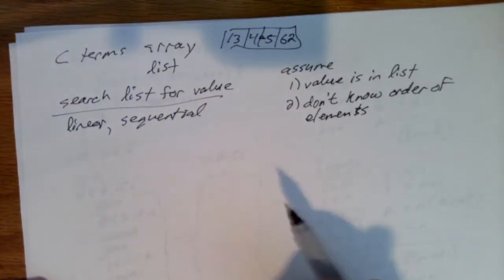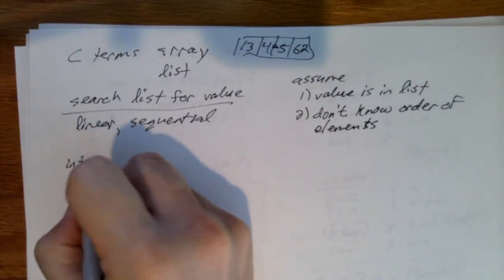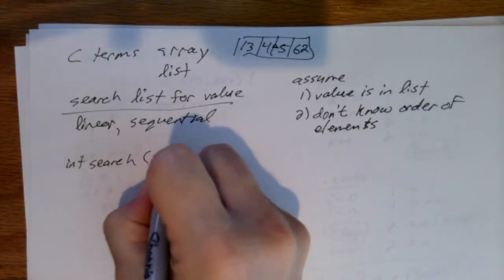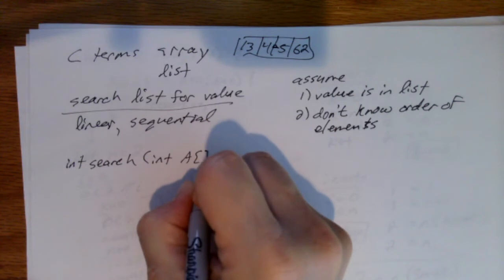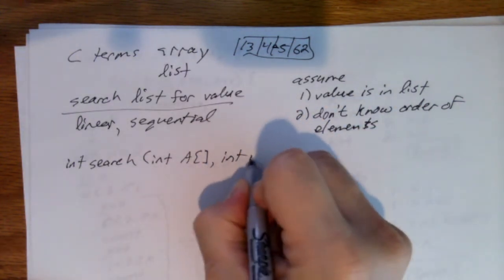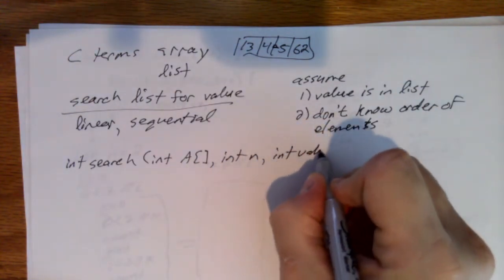Okay? So our algorithm would look like this in C terms. Int search, we'll say it's int array A, capital A that is. Int n, because there's n elements in it, and int value, the thing we're searching for.